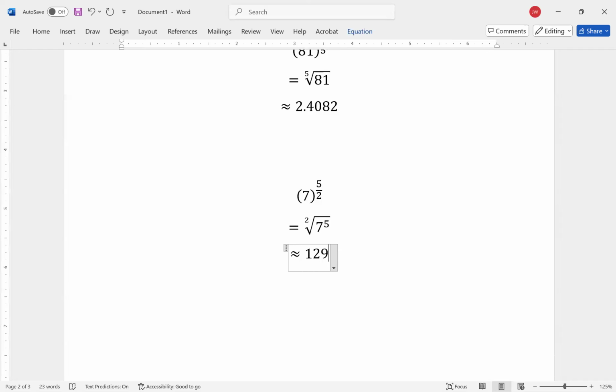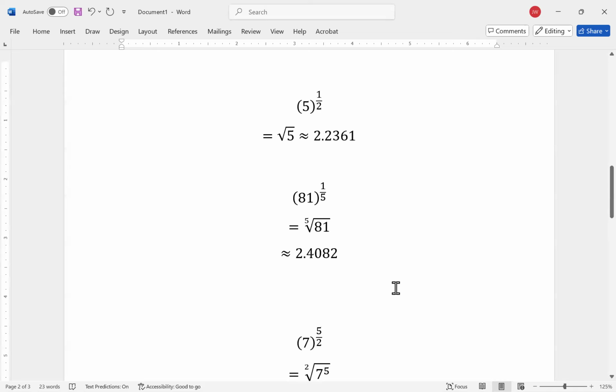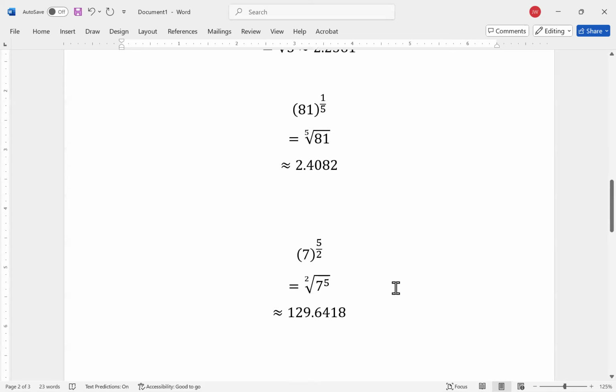Again, I'm going out 4 decimal places on this video, but other times someone may ask you to round it to 2 or 3 or maybe the nearest whole number, who knows. But there you go. That's the idea of these rational exponents.